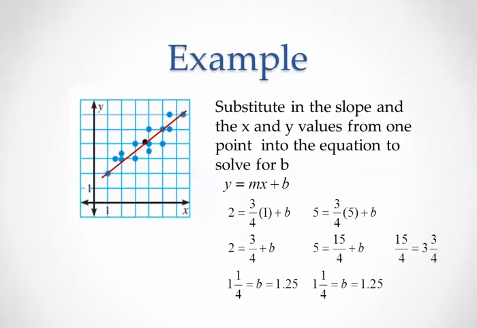If you used the (5, 5), again, you would have had 15/4, which is 3 3/4. So when I subtract 3 3/4 from 5, again, I get 1 1/4 or 1.25. So no matter which point you choose, you will get the same answer.